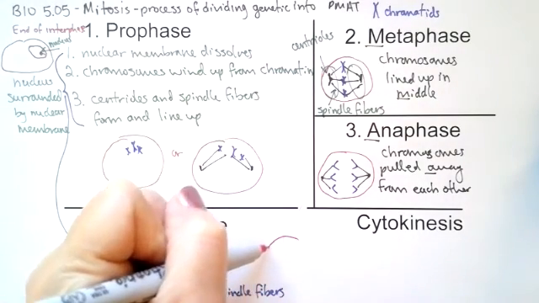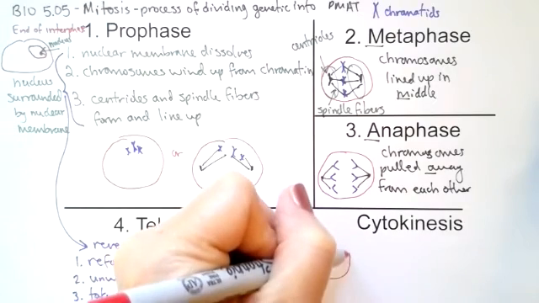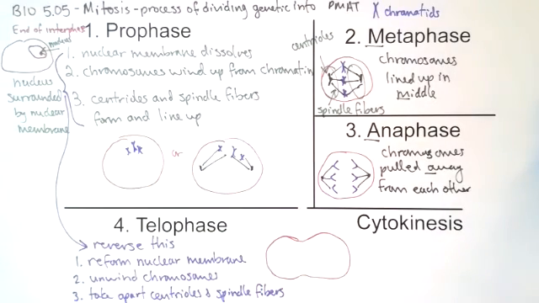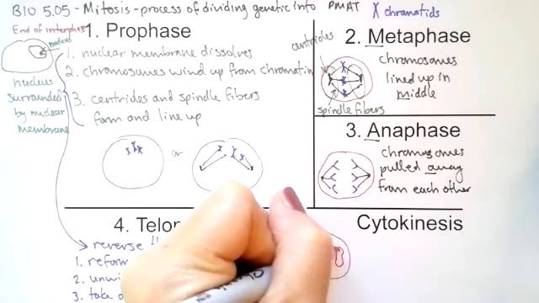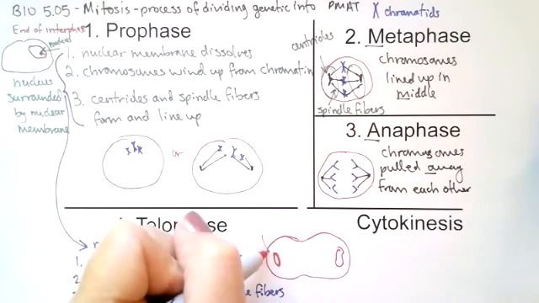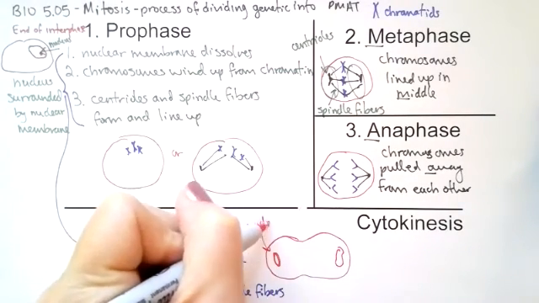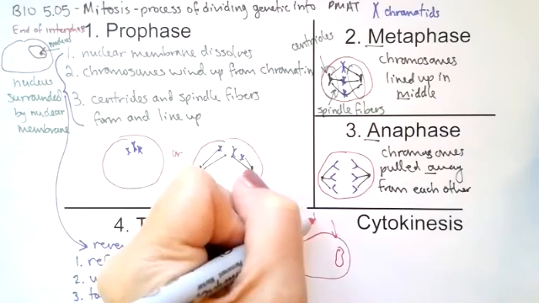So I have a cell, and it's still considered, we haven't divided yet, and I would see a nucleus. So this is a nucleus, and this is a nucleus.